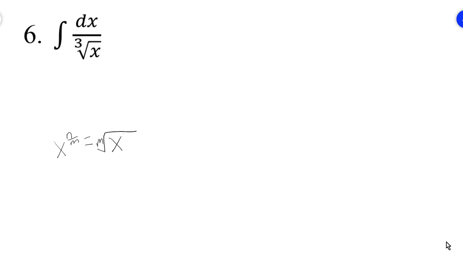Okay, so this is the same. So we can apply this useful rule here. This is going to be the same as having the x over x to the 1/3, right? This is the same because we're using this rule over here.